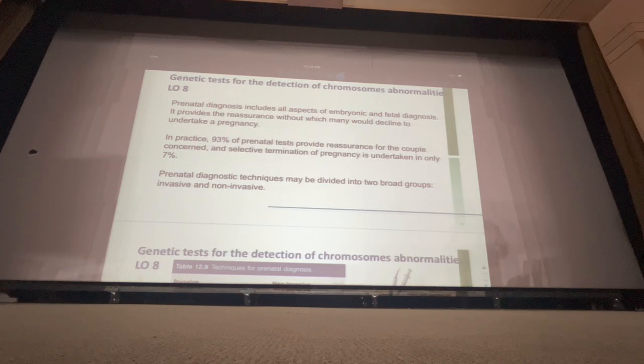It provides reassurance without which many would decline to undertake a pregnancy. In practice, in 93% of prenatal tests the diagnosis provides reassurance for the couple concerned, and termination of pregnancy is undertaken in only 7%.